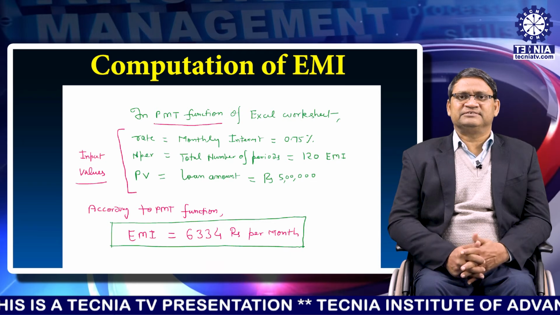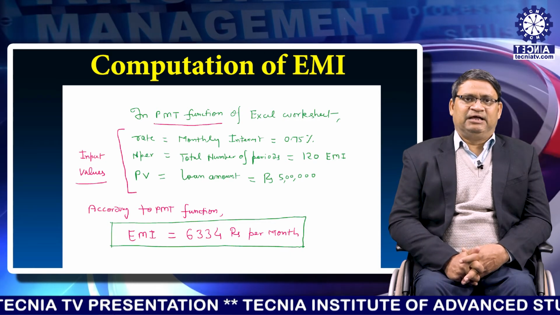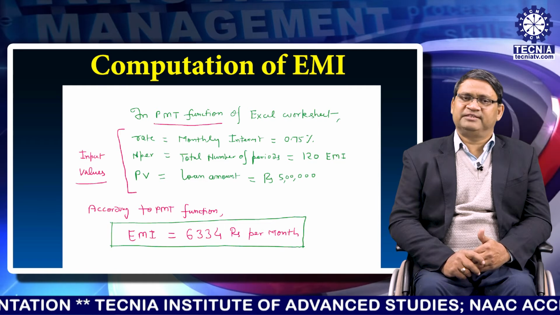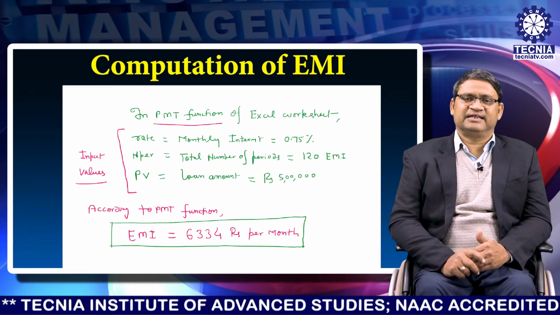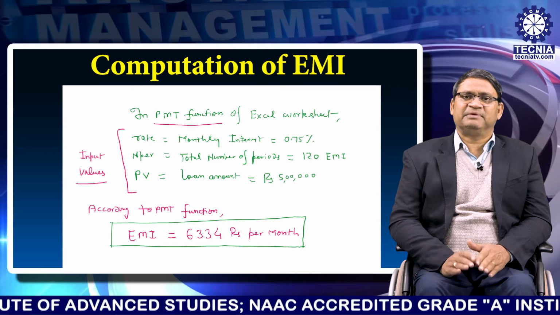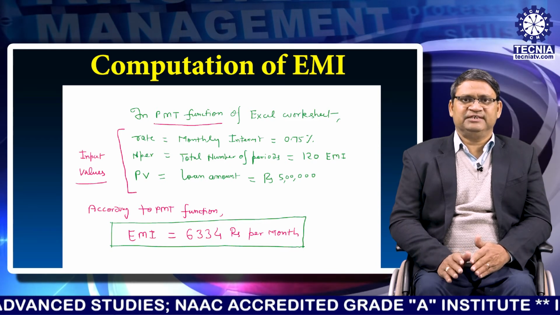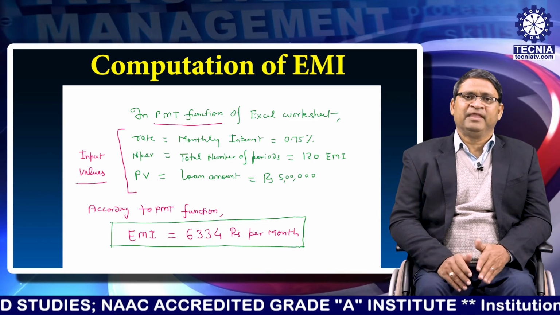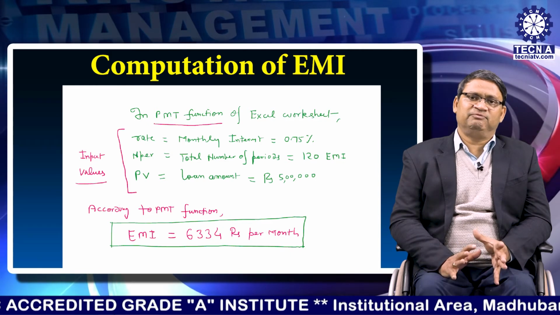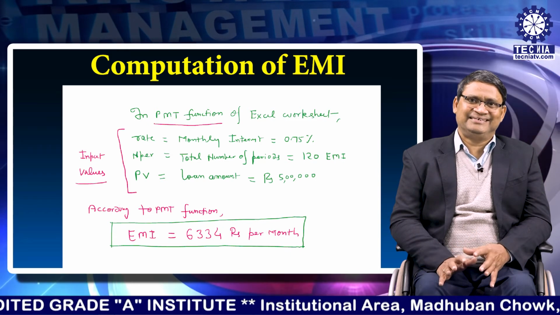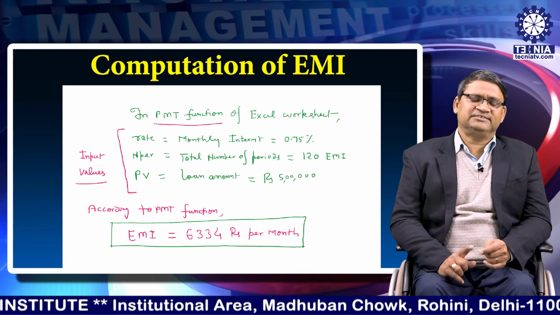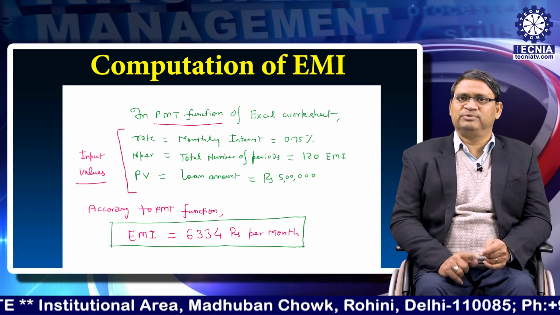Now, in the PMT function of the Excel worksheet, there are three inputs required to calculate the EMI. One is the rate, second is NPER, and third is the present value. Rate is nothing but the monthly interest, which in this question is 0.75%, and NPER is the total number of periods for EMI. Since the loan is availed for 10 years and every year we need to pay 12 EMIs, for the next 10 years it comes out to be 120 EMIs.